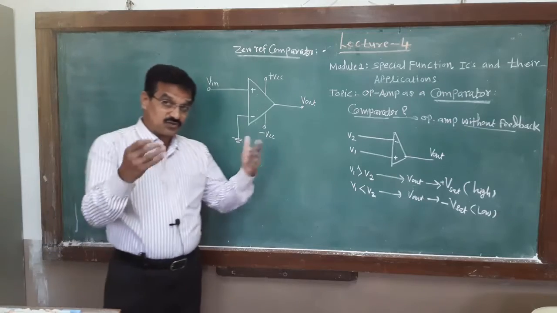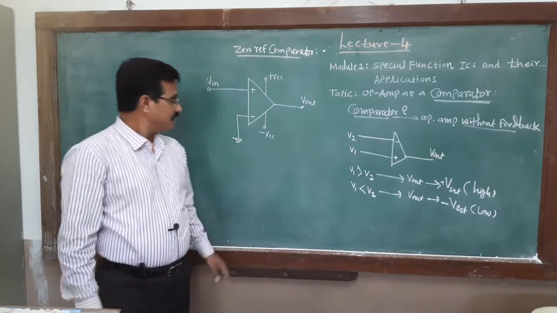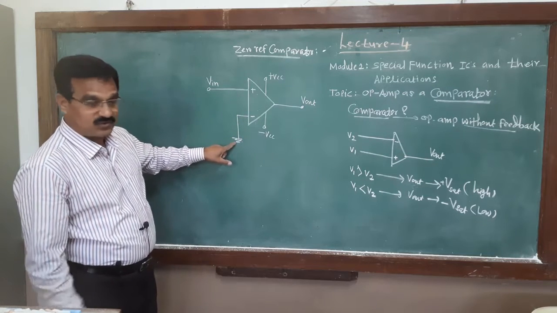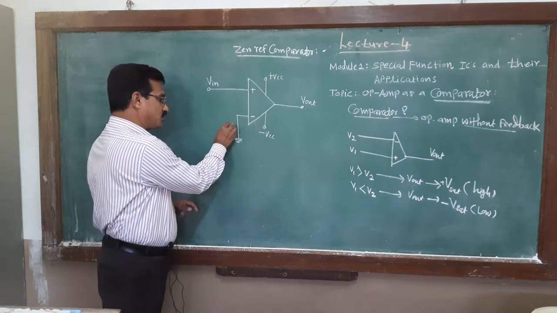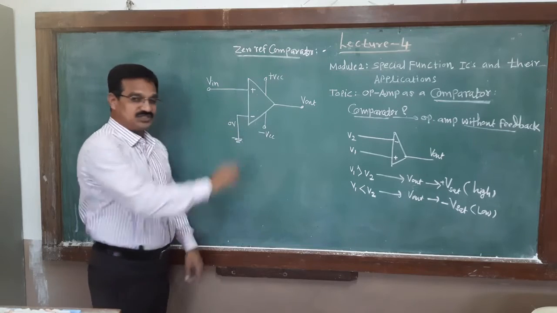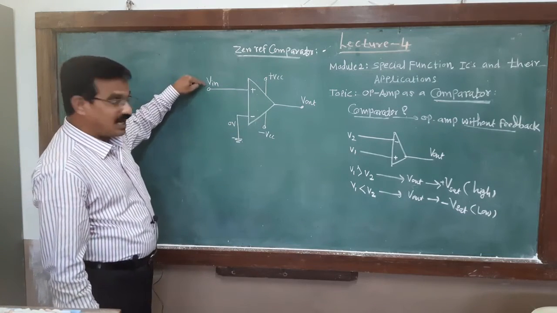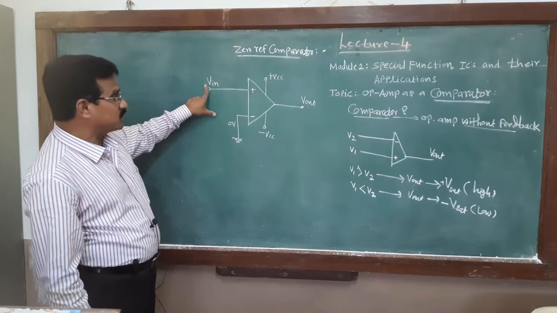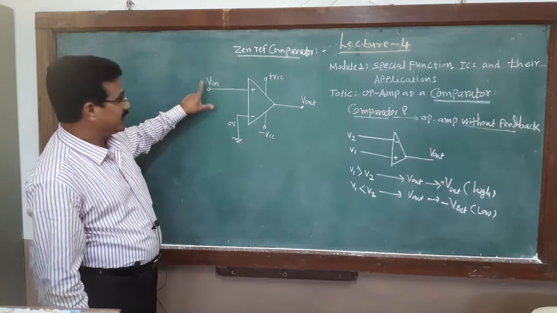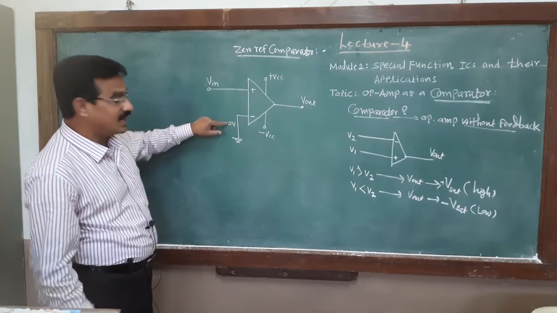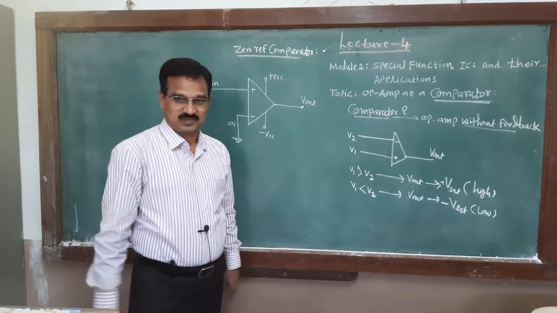Why do we call it a zero reference comparator? Because one terminal is connected to the ground, which means this is actually 0 volt. The voltage applied at this terminal is compared with respect to 0. If the voltage at this terminal is greater than 0, what is the nature of the output?